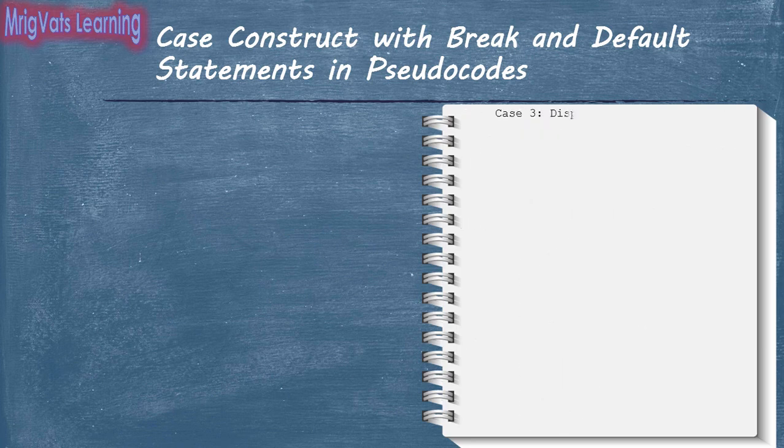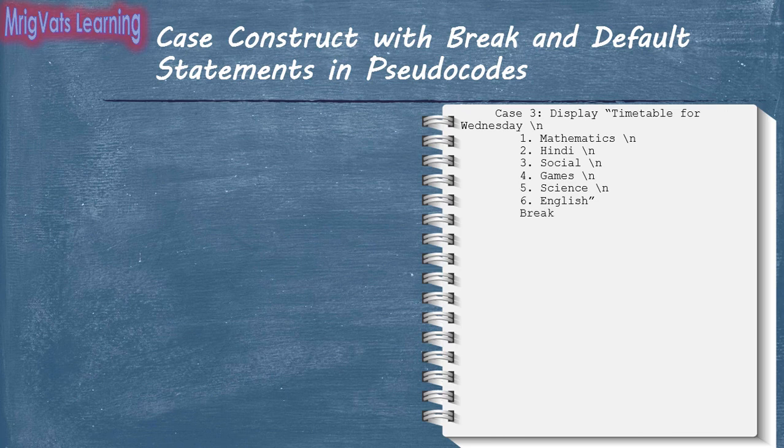Break. Case 3 display timetable for Wednesday \n, 1 mathematics \n, 2 Hindi \n, 3 social \n, 4 games \n, 5 science \n, 6 English. Break.